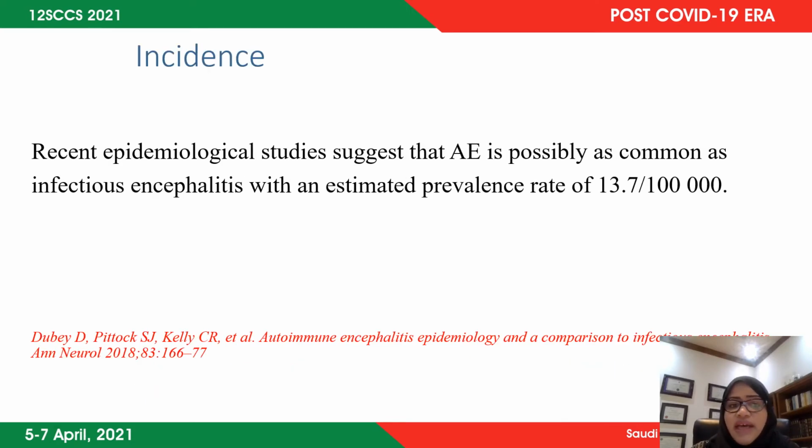A recent epidemiological study suggests that autoimmune encephalitis is possibly as common as infectious encephalitis, with an estimated prevalence rate of 13.7 in 100,000. I think everybody has noticed these days that we're seeing more and more cases of autoimmune encephalitis, maybe because we are recognizing them more, maybe there are changes in the environment, who knows.